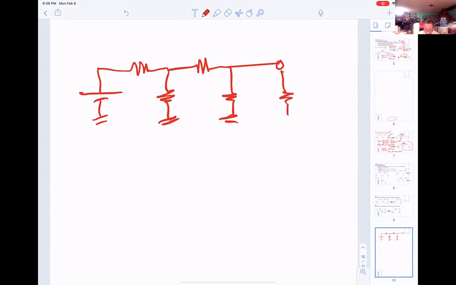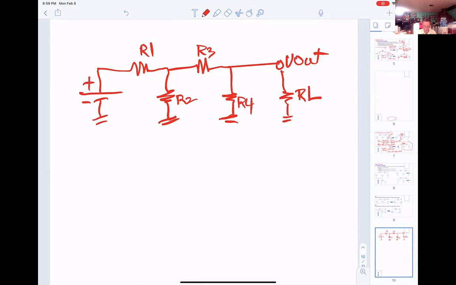And that will be RL. Now, what is RL? Load. Okay. RL means load. Load resistance.